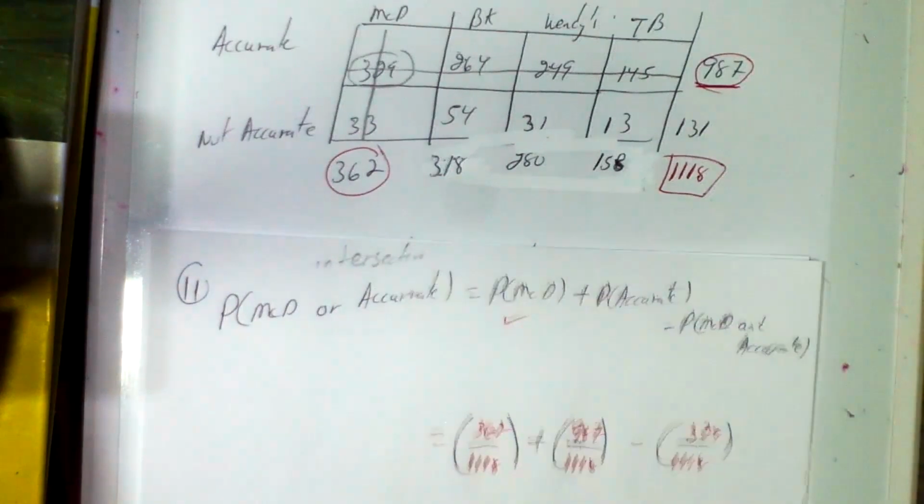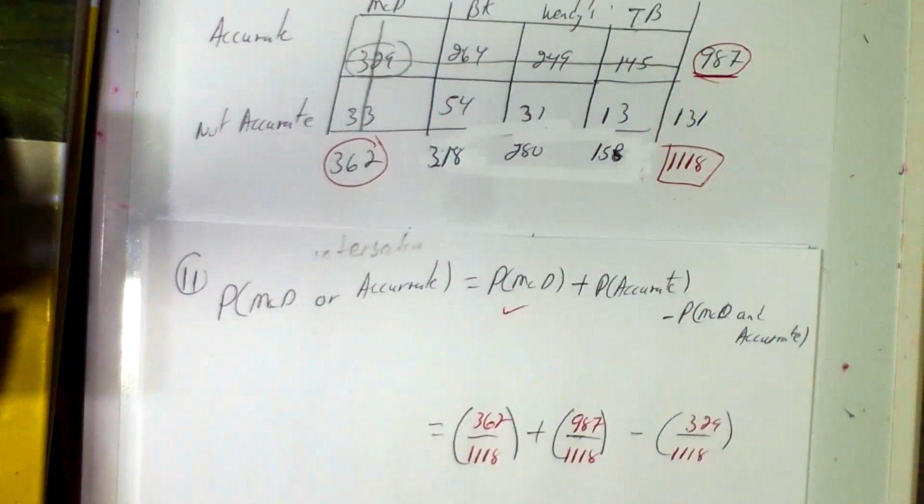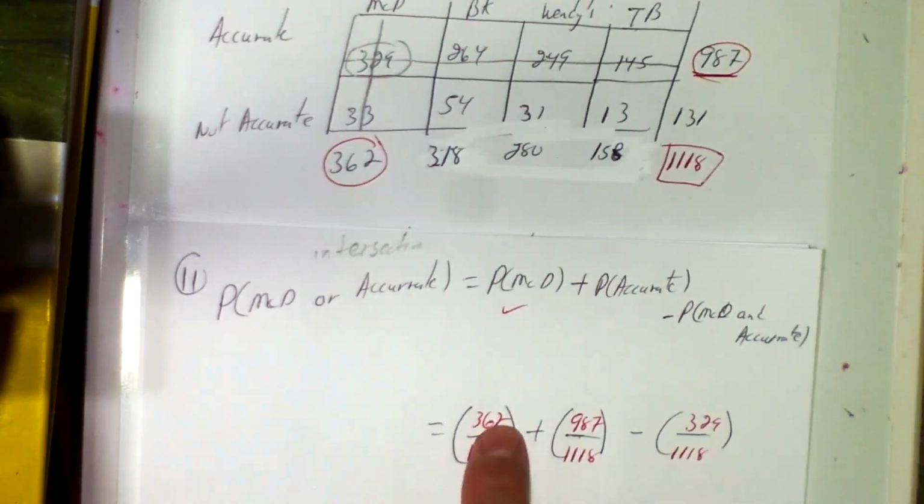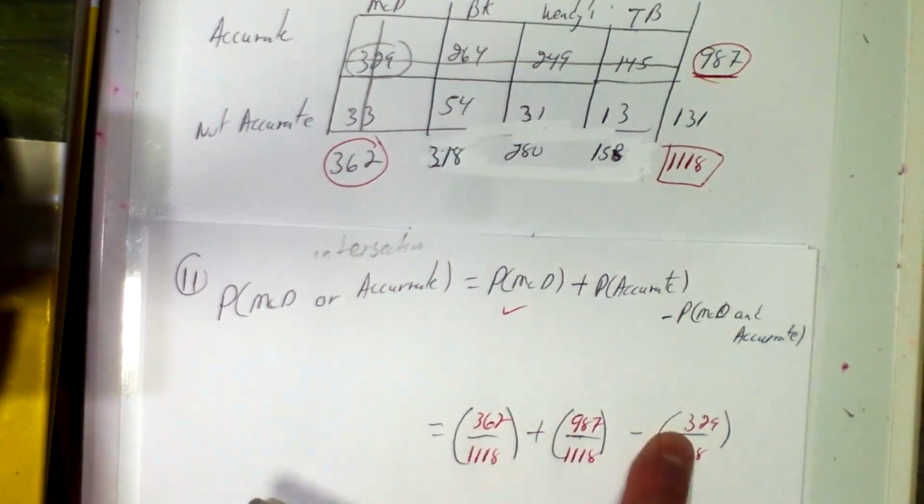So there it is. Now I'm going to go ahead and add the top and subtract. I'm going to keep the 1118 in the bottom. So I'm going to add 362 plus 987 minus 329.